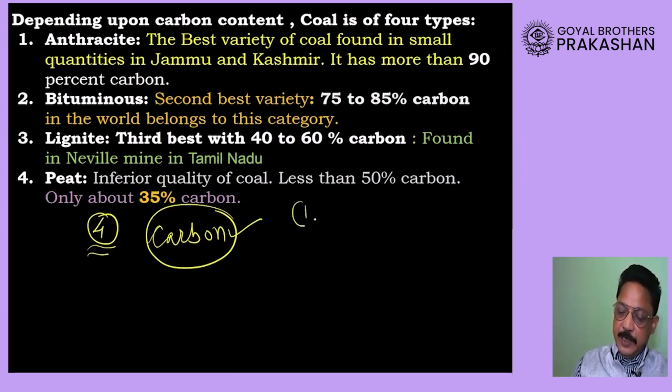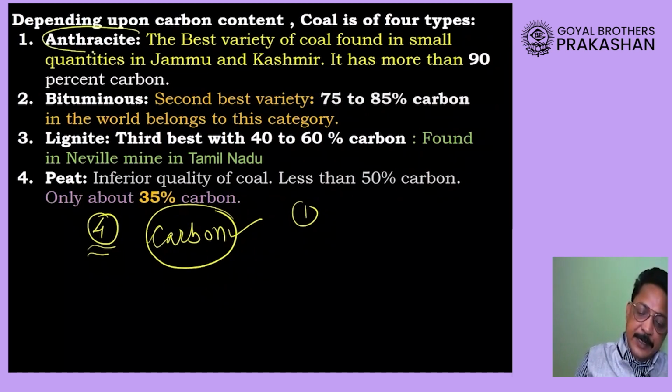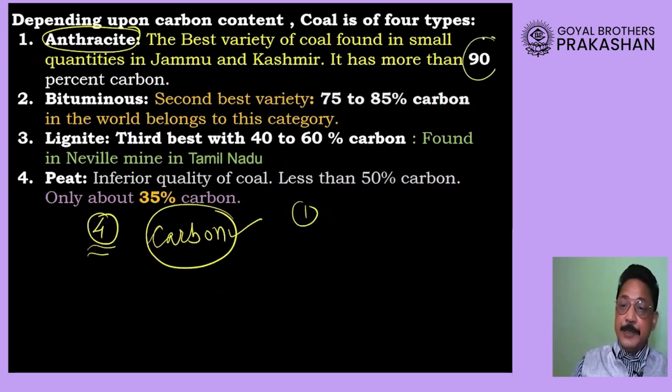The first one is called as anthracite coal, and this coal is the best variety coal in the world. The best variety. This coal, dear students, consists of 90% of carbon, almost 90% of carbon. And because the carbon content is more, it is called as the best type of coal.